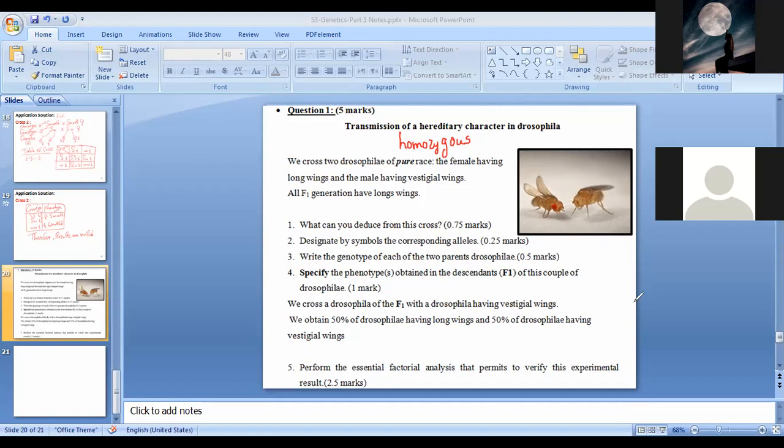Yes, Abbas, waiting for your answer. We can deduce from this cross, first of all... We don't say we deduce that. We said that since all the F1.